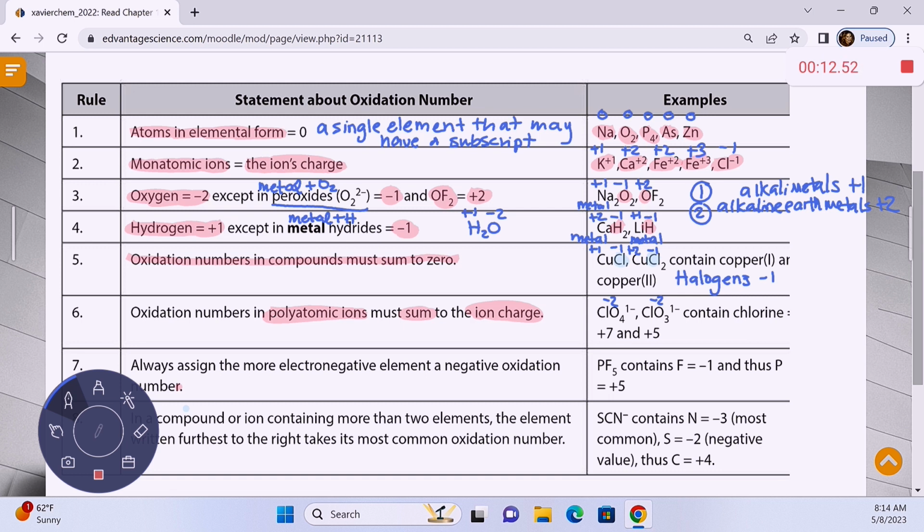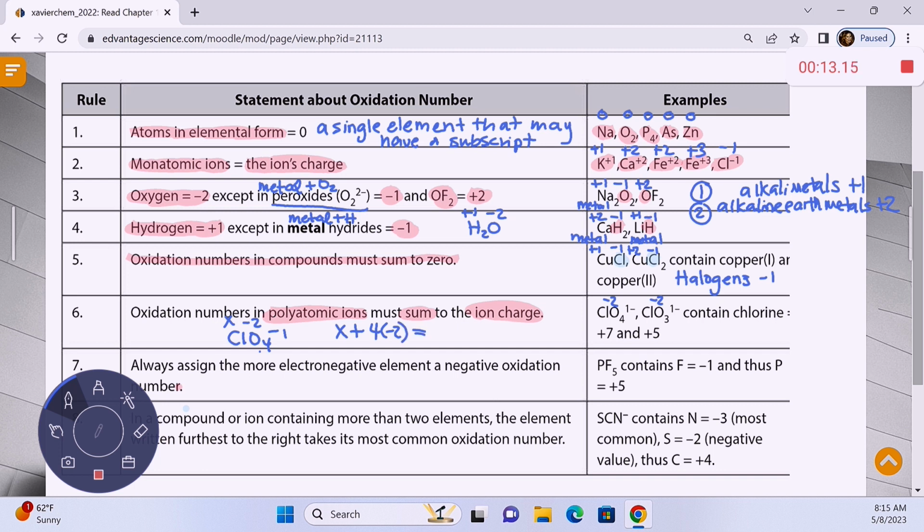So for ClO4 -1, what I'm going to do is I'm going to assign an X for chlorine. And we're going to use basic algebra to solve. So X plus, how many oxygens are here? 4 times -2, which is oxygen's oxidation number.